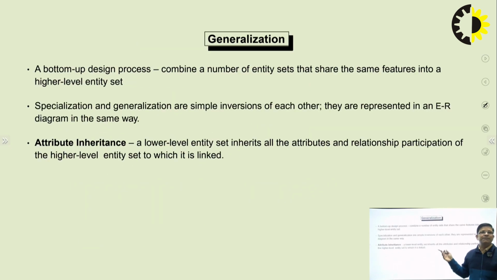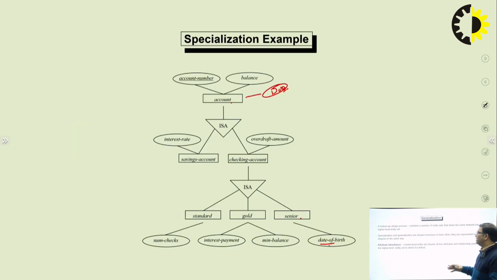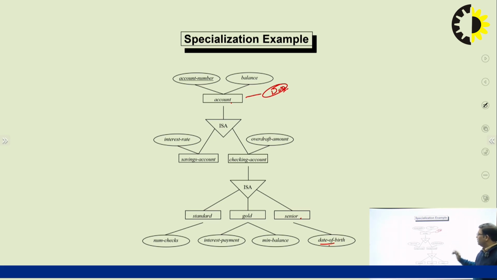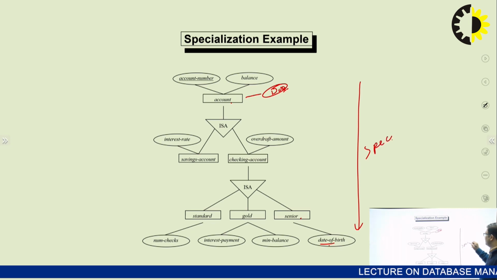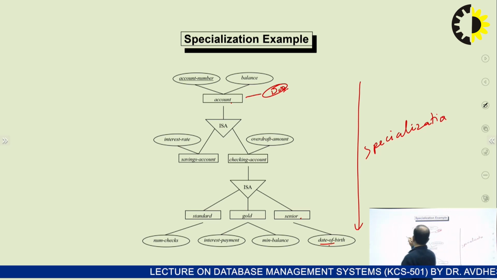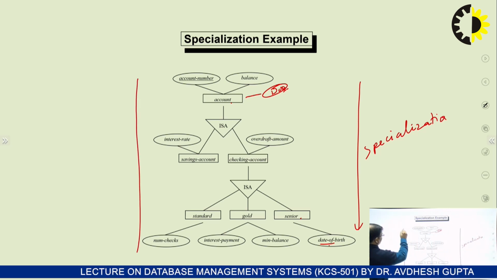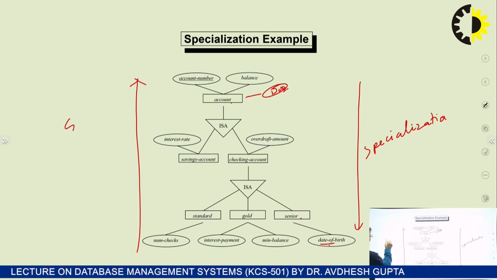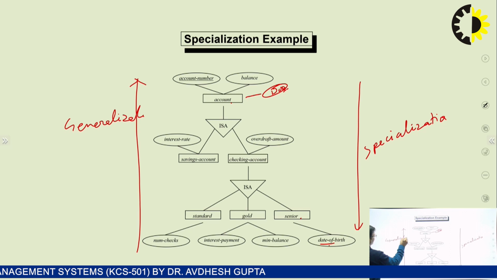For example, if we are keeping that bottom up approach, like this is the example of specialization, top down approach. This is treated as specialization. The reverse of specialization, this is treated as generalization. The reverse of specialization.